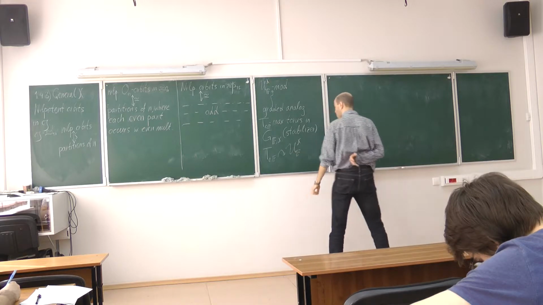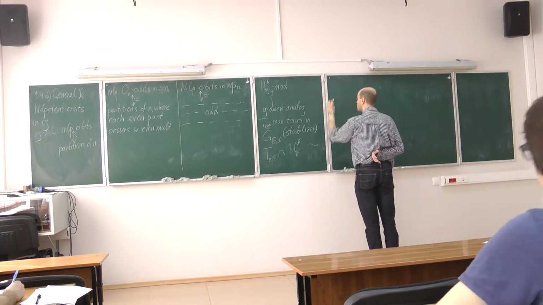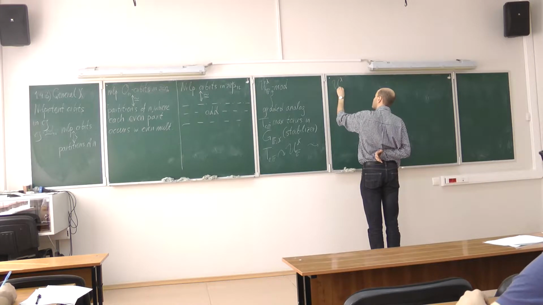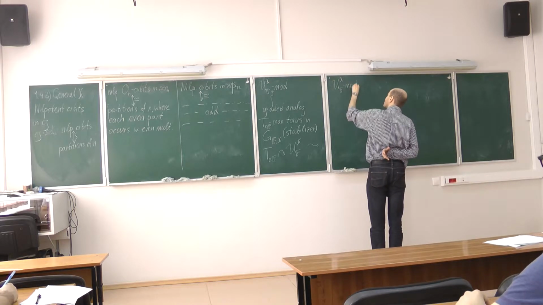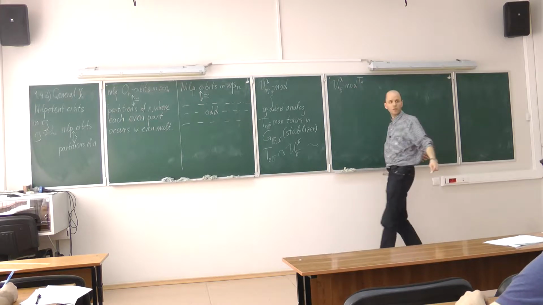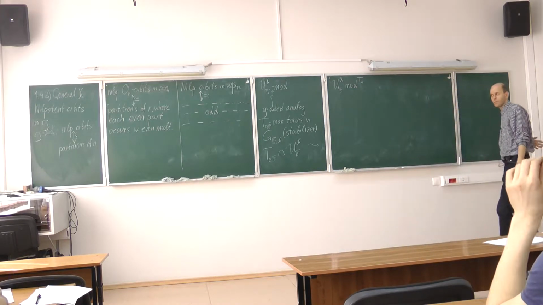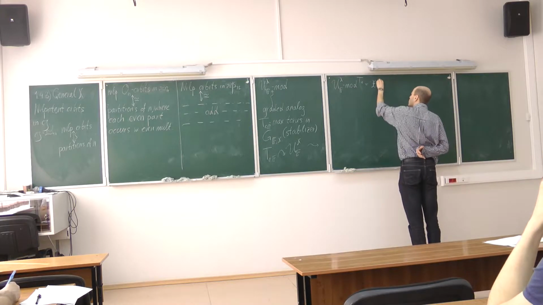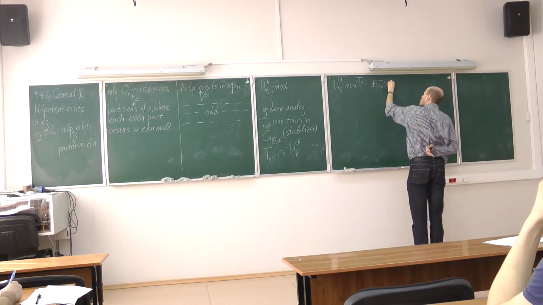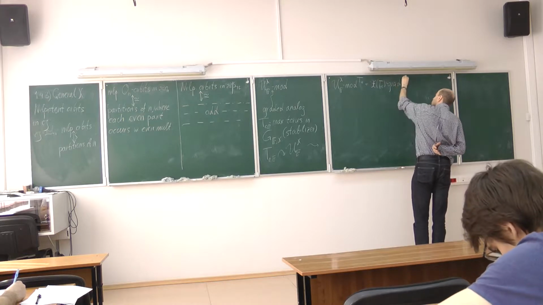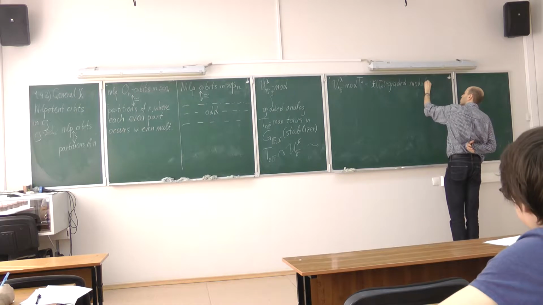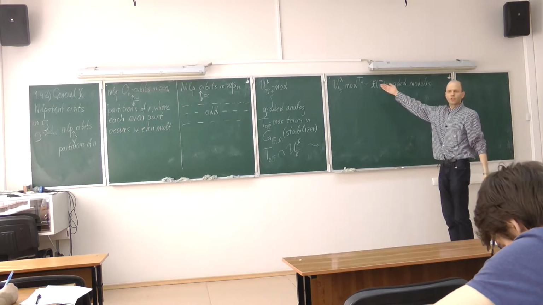And just as before, we can look at the category of equivariant modules. Okay? So that's modules graded by the character lattice of this torus, and the action of its Lie algebra is recovered from the grading.